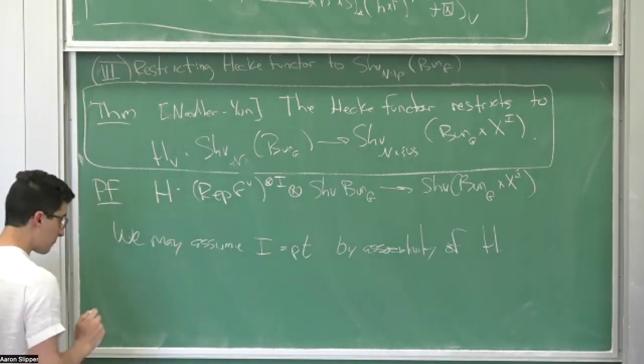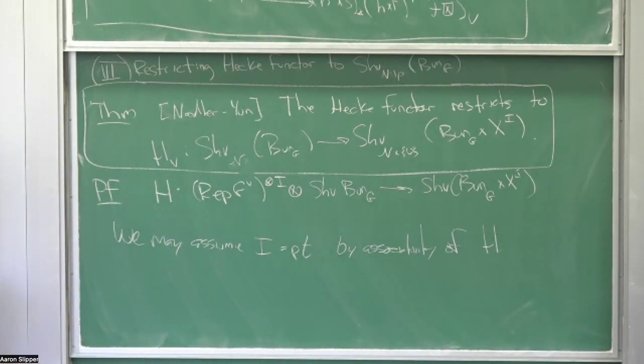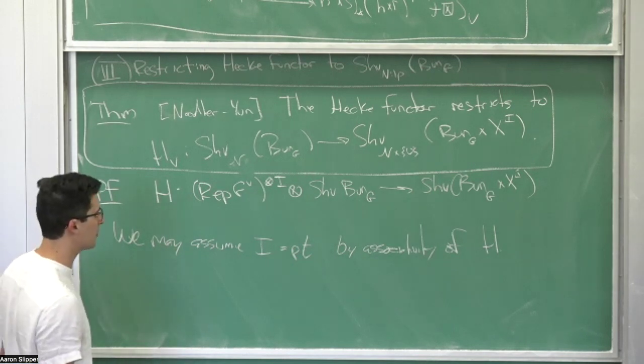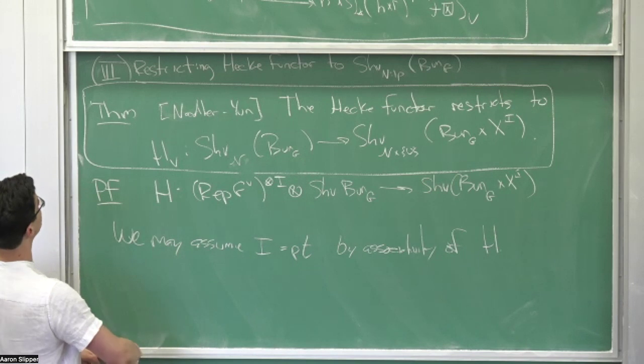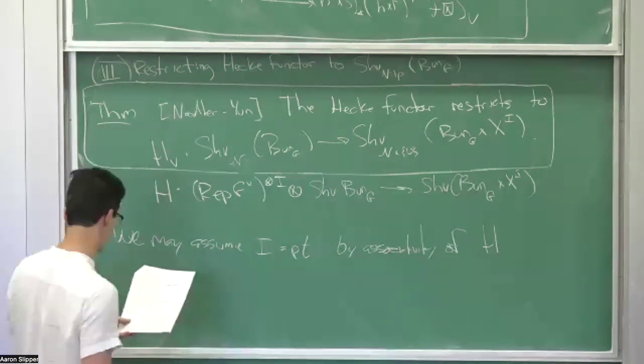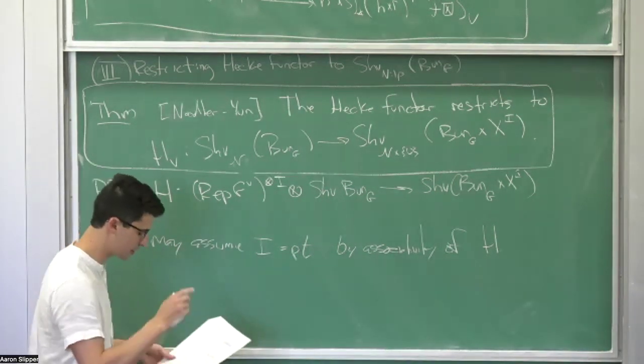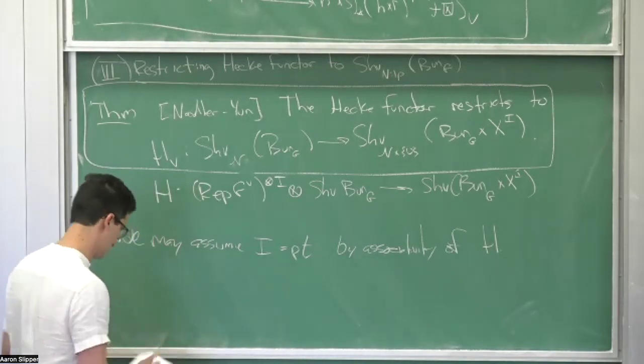And now recall two very important properties about singular support. So if you forget what singular support means, that's okay. You just need to remember it has these two properties with respect to smooth pullback and proper pushforward. Excuse me, smooth pushforward and proper pullback.